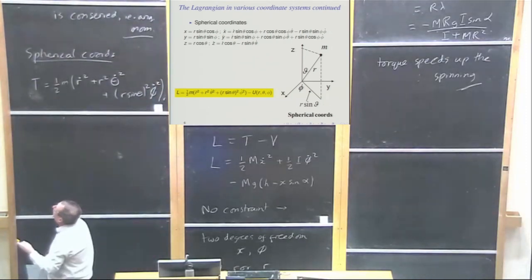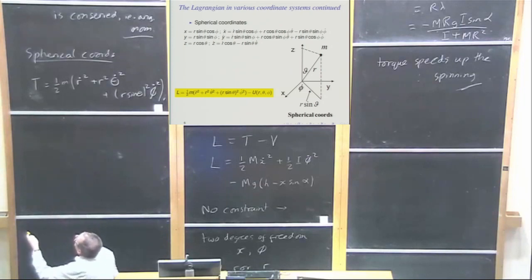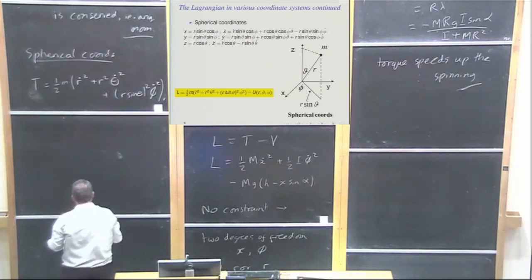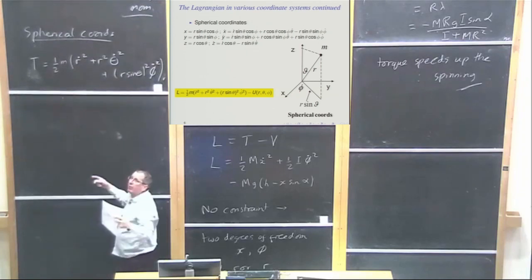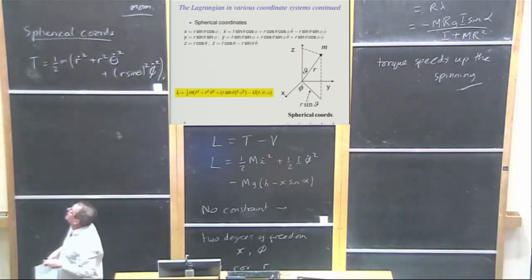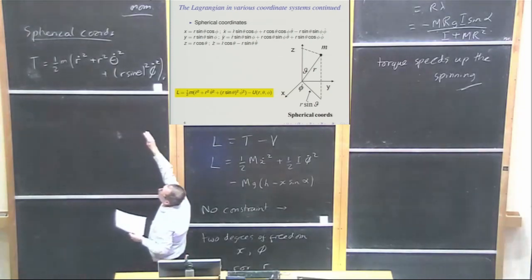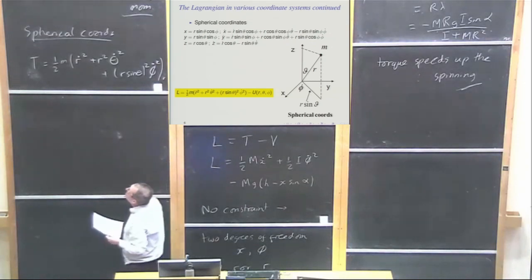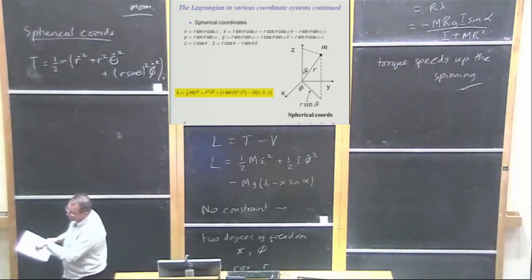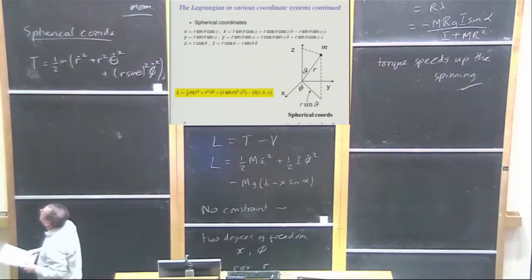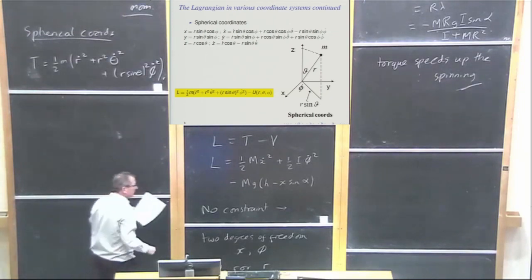If you put these in the square, then you're obviously going to get a whole forest of cross terms. But again, all the cross terms vanish as they did in the cylindrical case. So I'll leave that as an exercise for the student, and you're left with this very compact expression. Okay, great. So we're now equipped with expressions for the Lagrangian in a variety of coordinate systems.